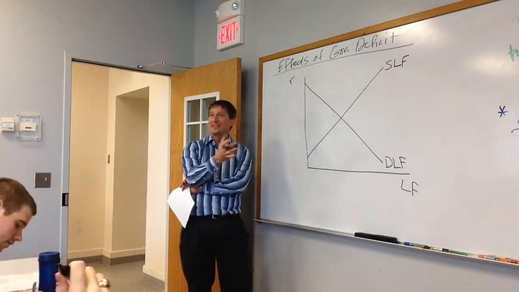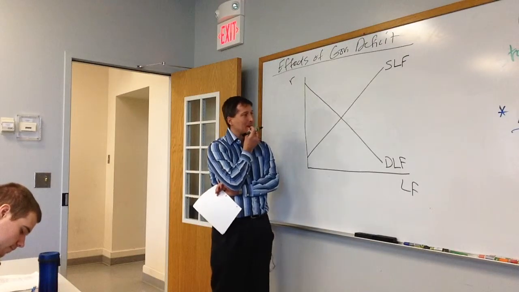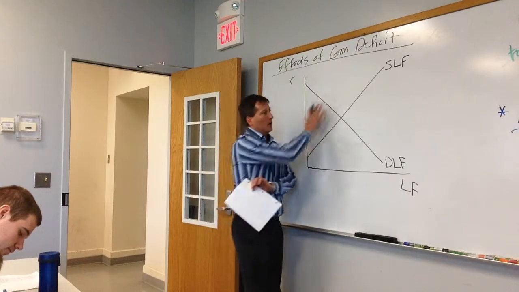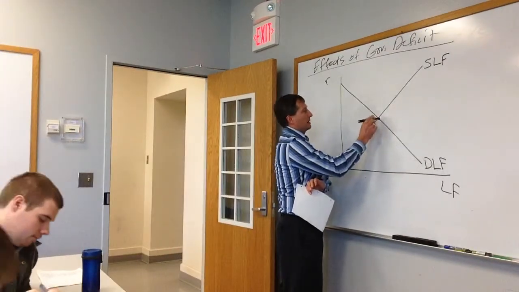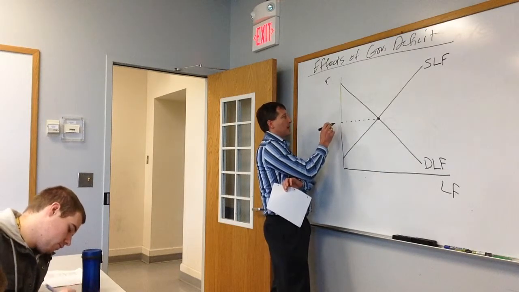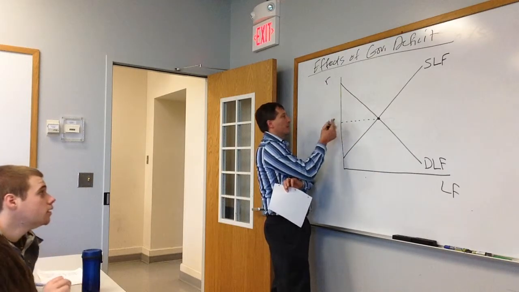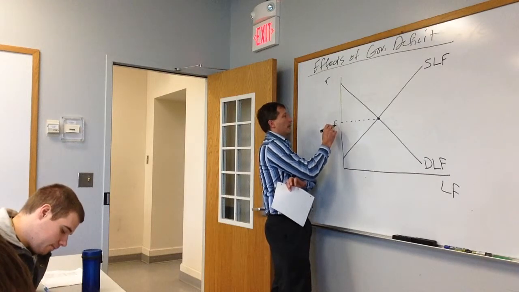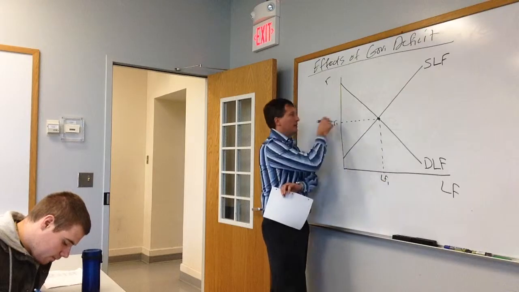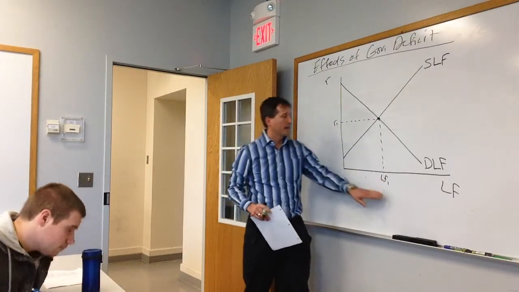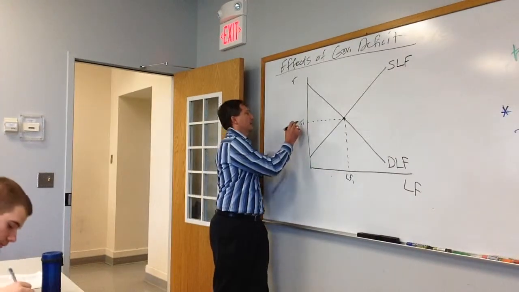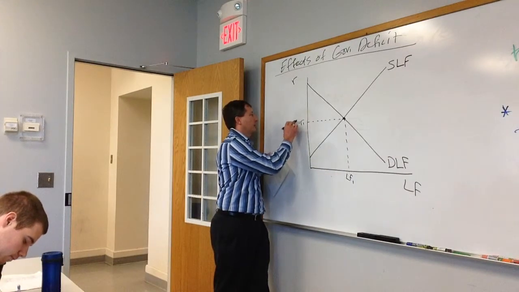That might be just as hard as thinking about a balanced budget. So again, private citizens, firms and households and the rest of the world, by the way, figure out that they can make a deal in borrowing and lending at this interest rate and these loanable funds. So let's just say that this interest rate, we'll just keep with our 5% here.